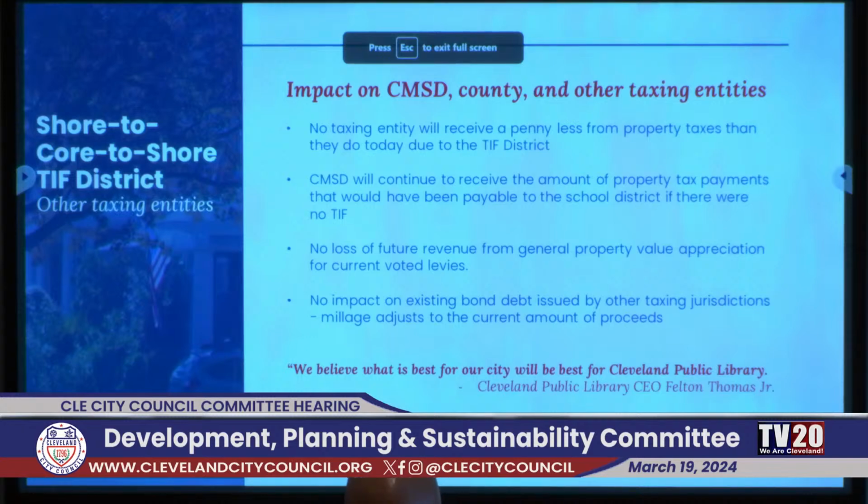Through the chair, I think it depends on the borrowing instrument. If the port, for example, were to issue bonds and people buy those bonds on the market, it is the bondholders who bear the risk. But then, through the chair, would there be some impact on the city?